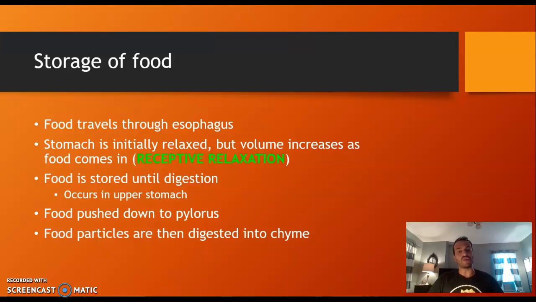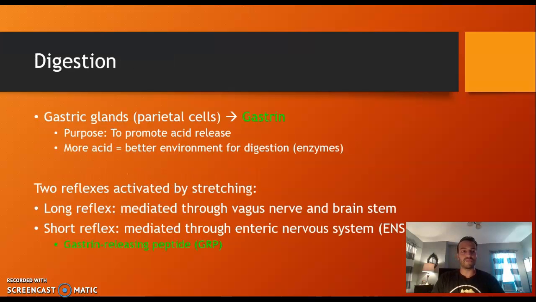Food is stored during digestion in the upper stomach, and then pushed down to the lower stomach, the pylorus. This is where food particles are digested into a substance called chyme, which is pretty frothy.